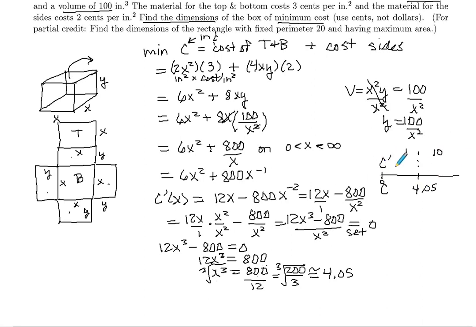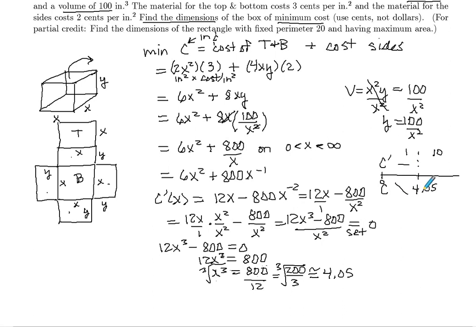And plug those into c prime. And we could do c prime here or up here, either one. If we put the 1 in down here, we get 12 times 1 minus 800, which is negative. 1 squared on the bottom is positive. Negative over positive is negative.